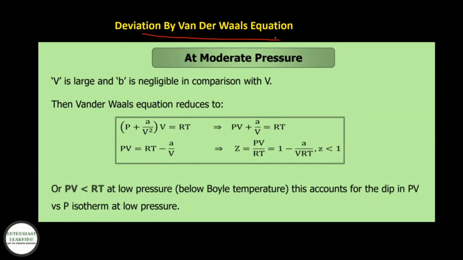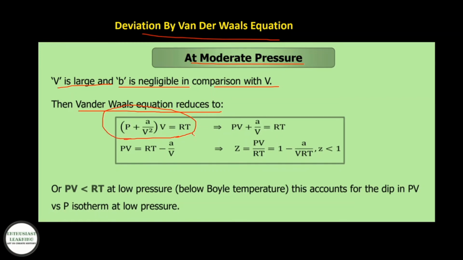Now deviation by van der Waals equation. At moderate pressure, V is large and B is negligible in comparison with V. Then the van der Waals equation reduces to (P plus A by V square) into V is equal to RT.